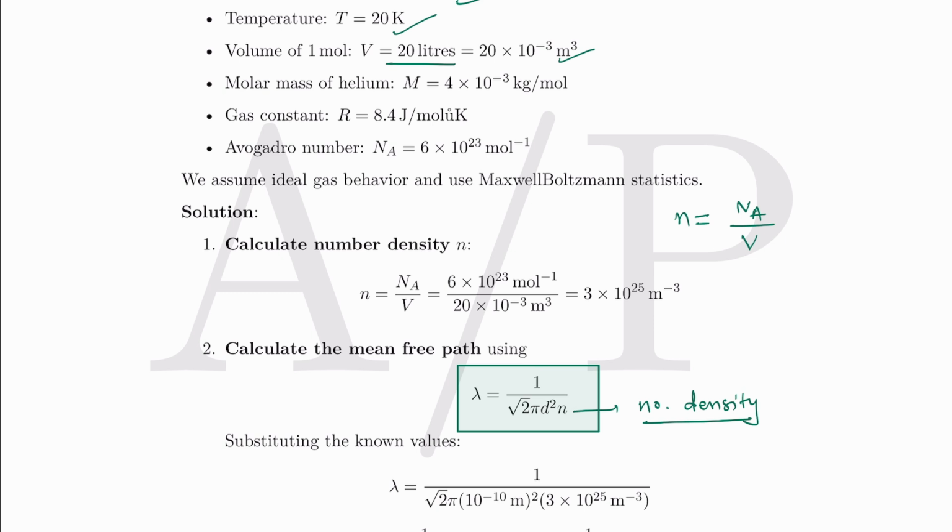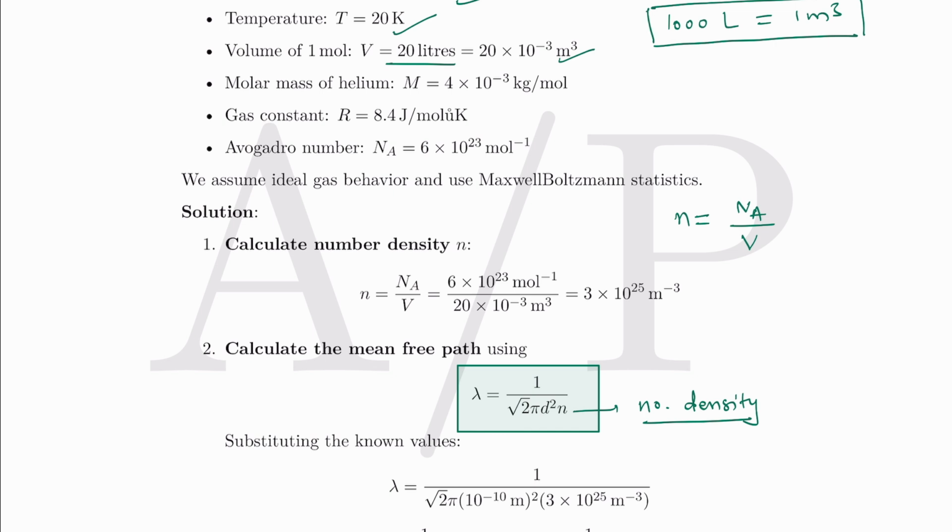So we know that volume is also given, that is 20 liters. So it is 20 multiplied by 10 to the power minus 3 meter cube. That is the way you can convert into the standard meter cube unit. We know that 1000 liter makes 1 meter cube. This is what you need to know beforehand.